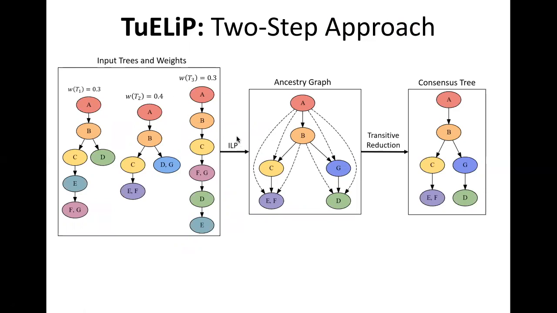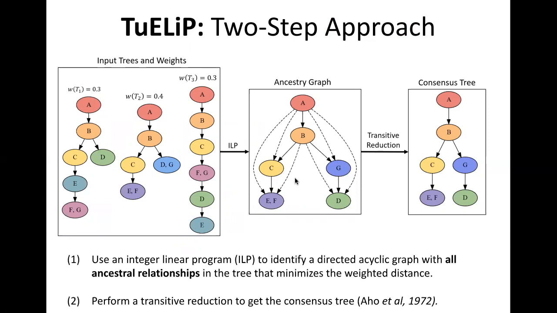So we used the input trees and weights to identify a directed acyclic graph that contains all the ancestral relationships in the optimal tree as the first step. We then perform a transitive reduction on that graph to get to the tree by removing the redundant edges that are already represented by the main branches of the tree.